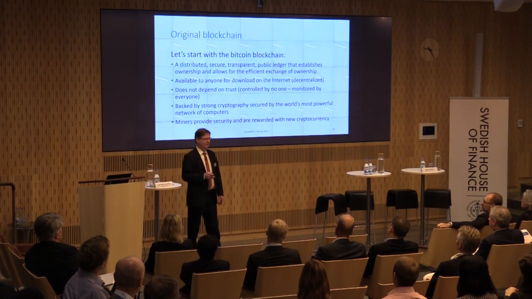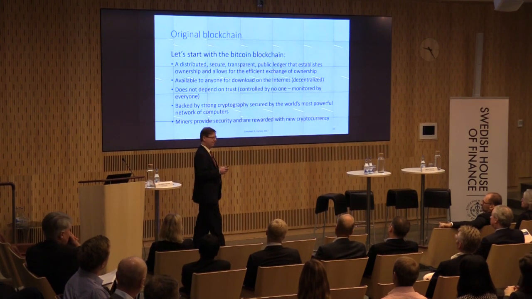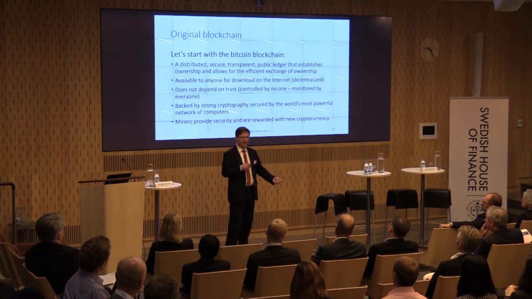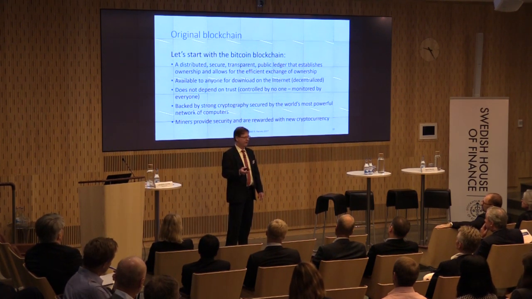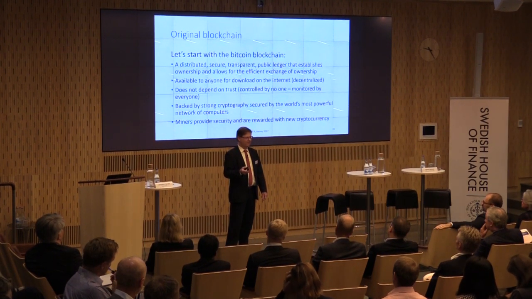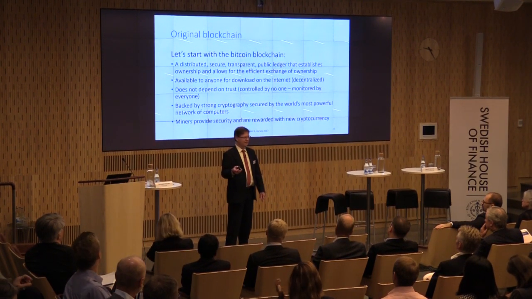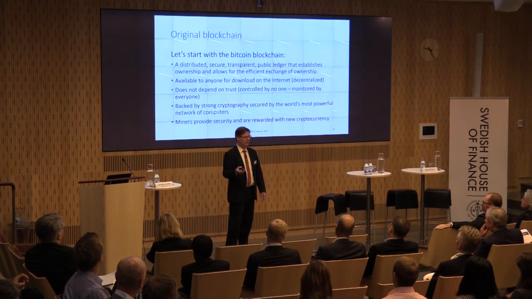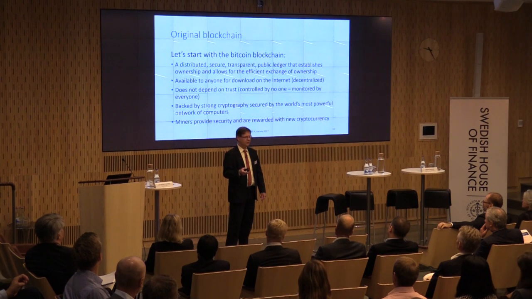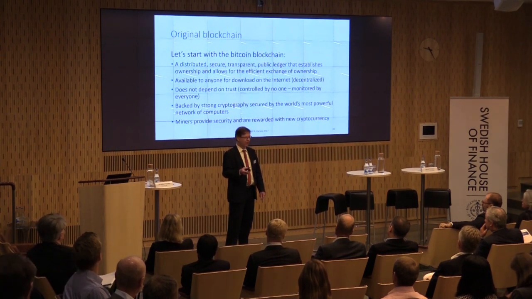And the problem is that the immutability of the ledger is such that if you do an illegal transaction, it's in this ledger forever. It's not really anonymous, because as soon as you spend, we can probabilistically figure out who you are. So it is the worst possible technology to use for criminal activity.